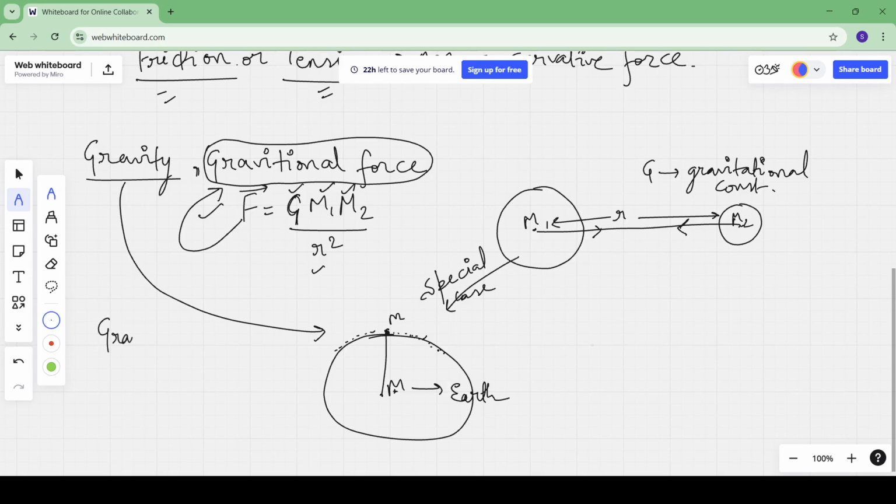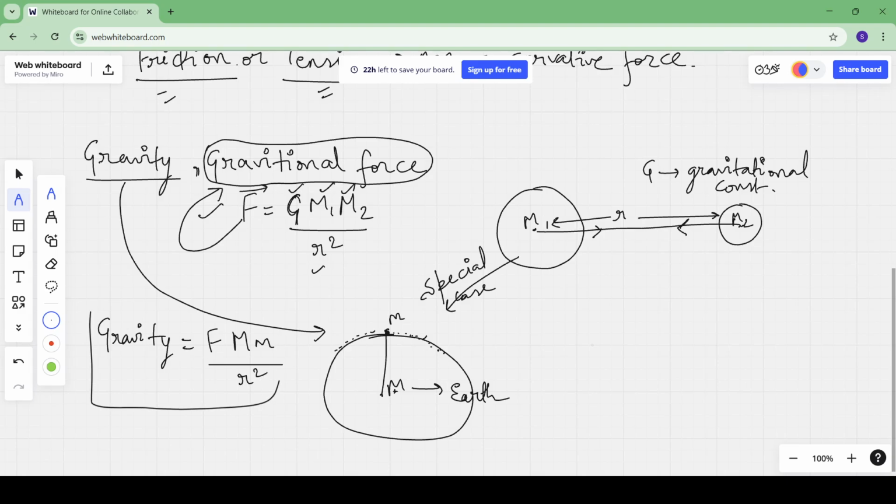Gravity is nothing but gravitational force in a special case, where the first mass is Earth, and the second mass can be anything which is on Earth or outside Earth. The first mass is constant and is always Earth, and the force with which Earth attracts every other mass is calculated by the same formula, where m1 is replaced by capital M and small m, and r square is the distance between these two masses.